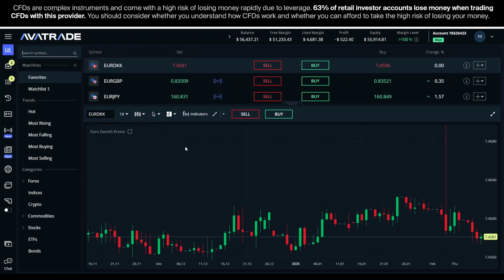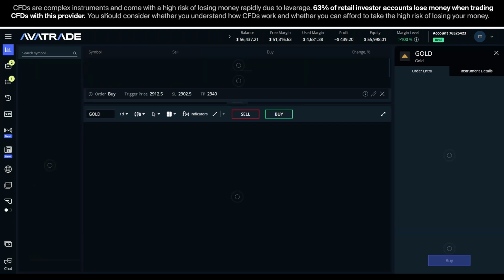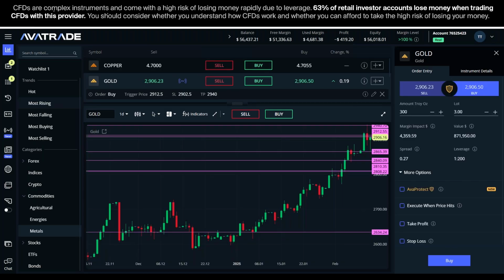Now, another option, if you were doing the gold move, and let's say you think gold should go up, but boy, you think it could pull down first, or vice versa. You think it should go down, but you think it might go up first. Whatever the case may be, our FX pairings, gold and silver, all have AvaProtect available for part of your risk management.